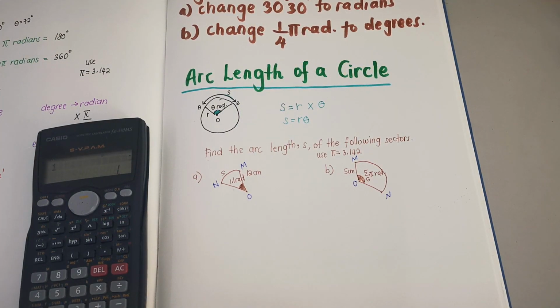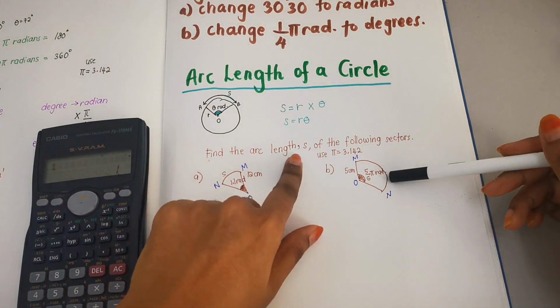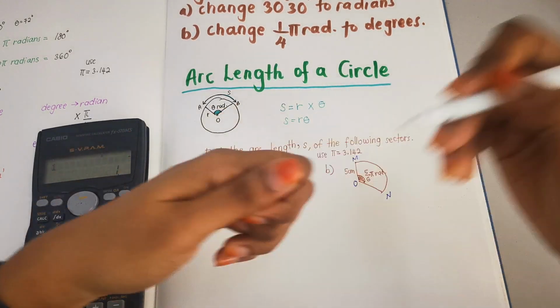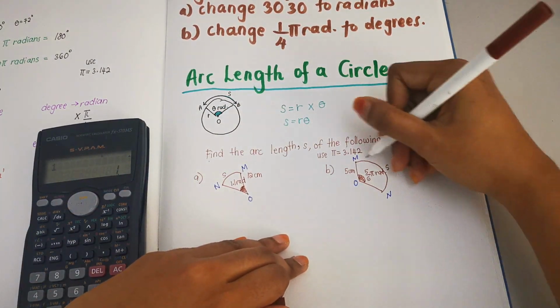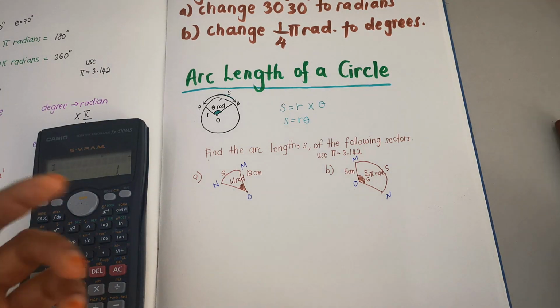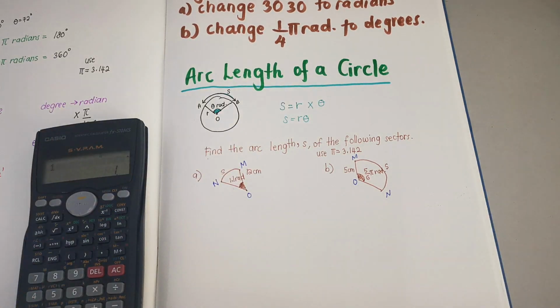Now let's look at the examples. There are 2 examples here. Find the arc length S of the following sector. S is the arc length, this part, the length of MN. Of course we know the step: take the radius times the angle.